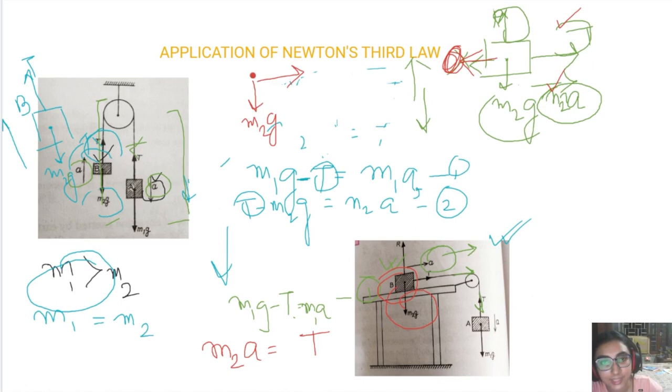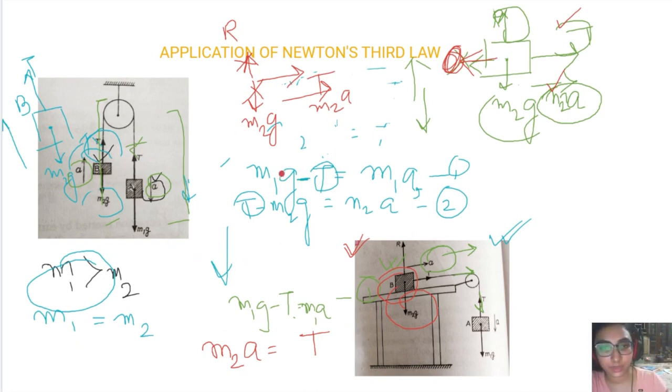Who is that? That is the reaction force. So basically they are cancelling each other out. Only tension is acting, as a result of which the object B is getting an acceleration, and the net force is m2a. So in this picture, these will be our equations.